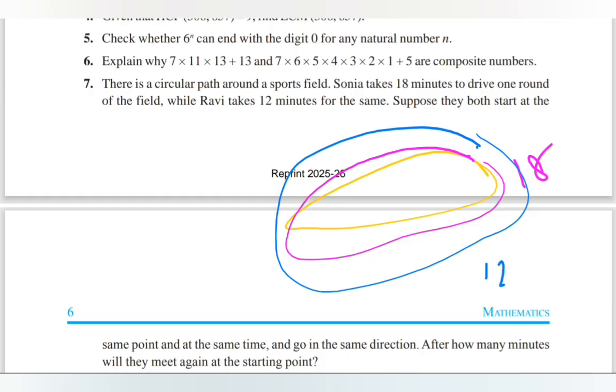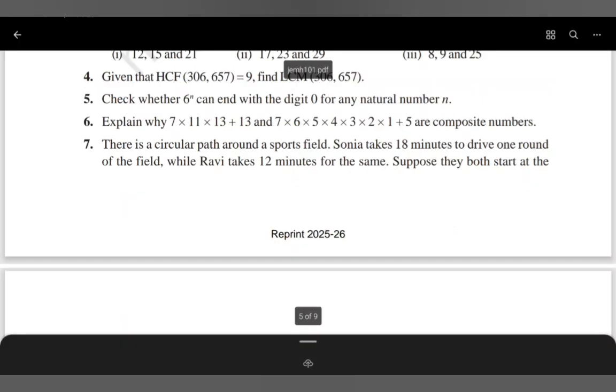That is, after how much time will they meet again at the same point? See, again this is the point. After how many minutes will they meet at the same point?